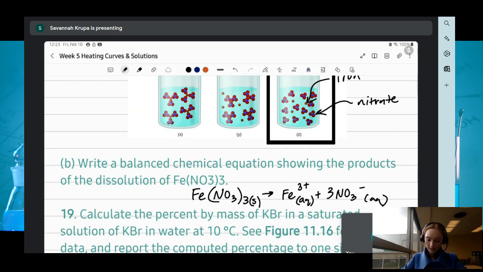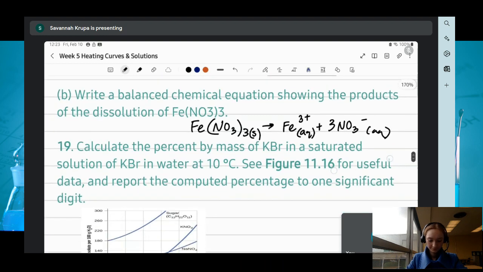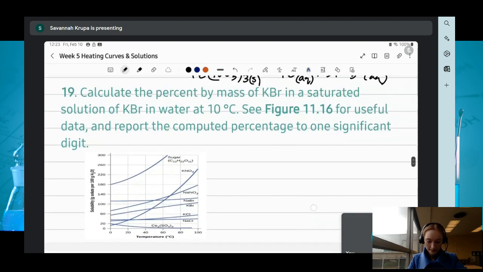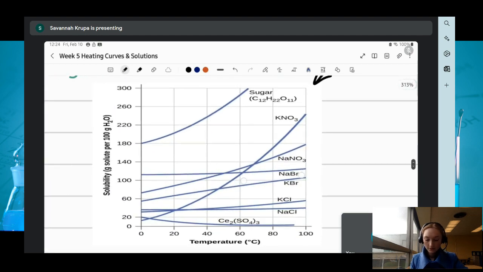So now let's move on to 19. 19 says, calculate the percent by mass of KBr in a saturated solution of KBr in water at 10 degrees Celsius. See figure 11.16. This is figure 11.16. And so now we need to report the percentages to one significant digit after we find that. So looking at this graph here, it said we need to be at 10 degrees Celsius.